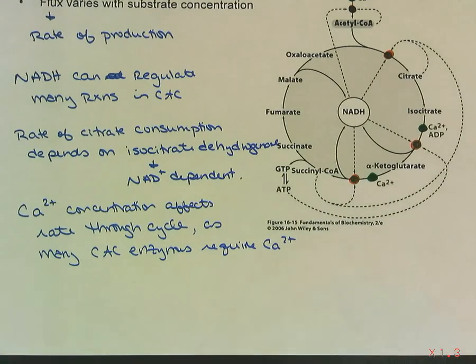What else do I have? Your calcium concentration will also affect things right through the cycle. There's a few different places where we use calcium, which acts the same as magnesium and holds on to negative charges. We saw up here we used calcium so that we could eliminate a carbon dioxide molecule from the proper end of the isocitrate. It cleaved off the one off the side, not the one off the bottom.